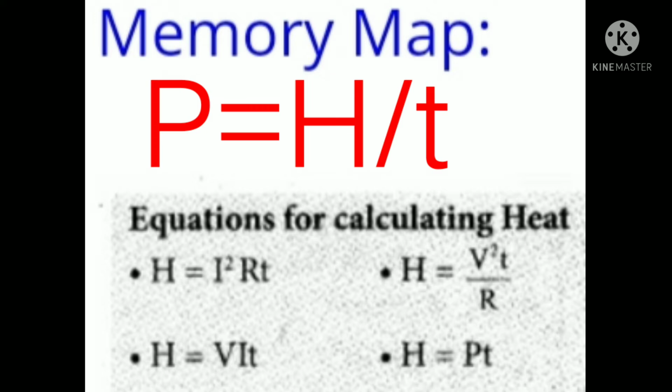That is, H is equal to I square RT by T, H is equal to VIT by T, H is equal to V square T by R by T. So we got the equations like P is equal to I square R, P is equal to V into I, P is equal to V square by R. It is very simple. Just cancel T from the equations of heat. We got the equations of power.